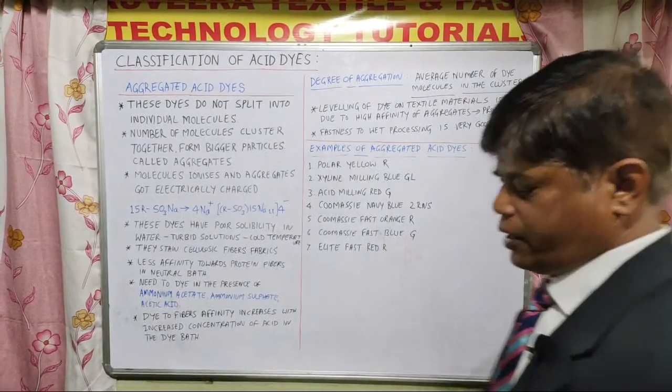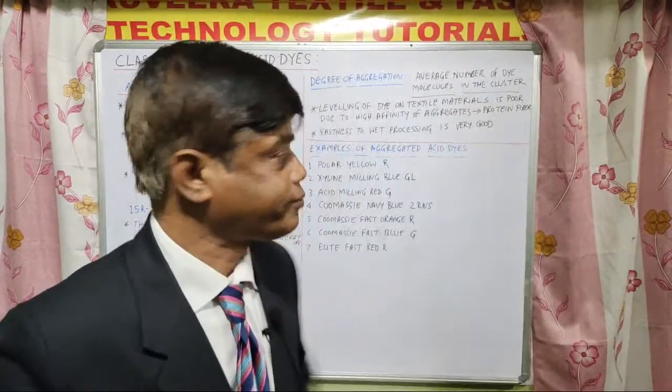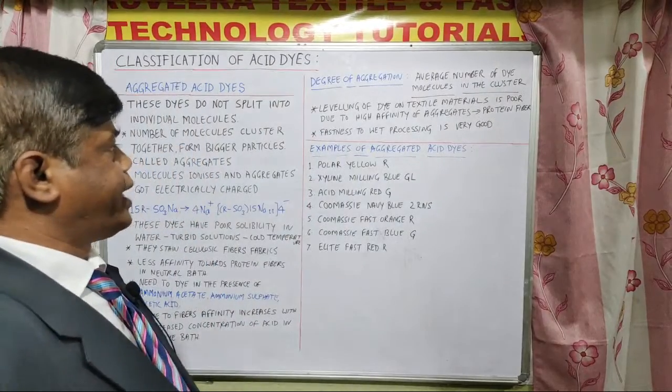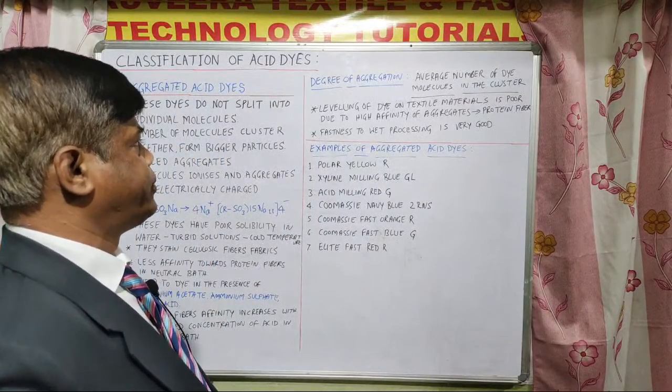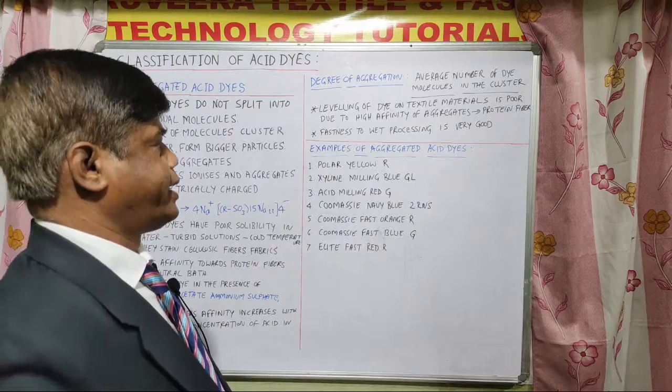So, and another point, friends, see here, leveling of dye on textile materials is poor due to the high affinity of aggregates.